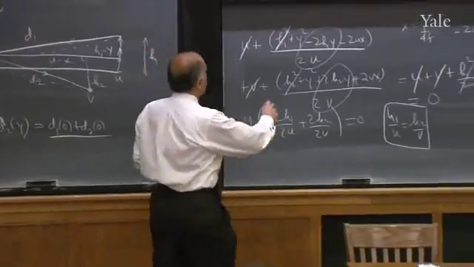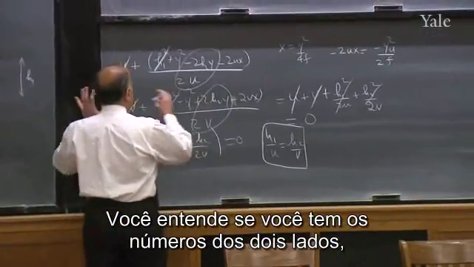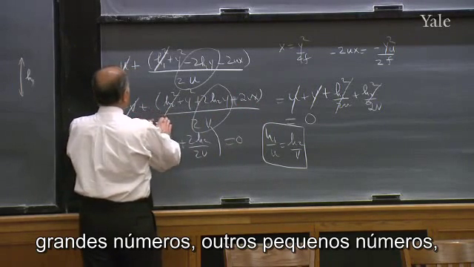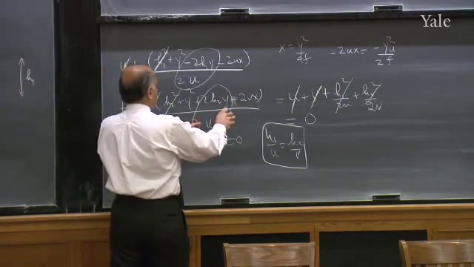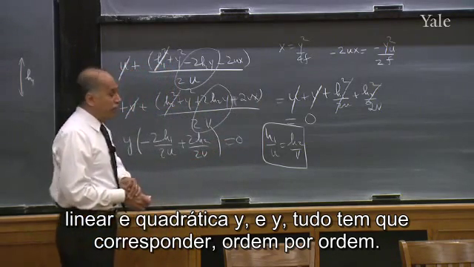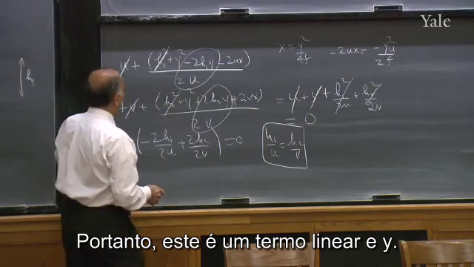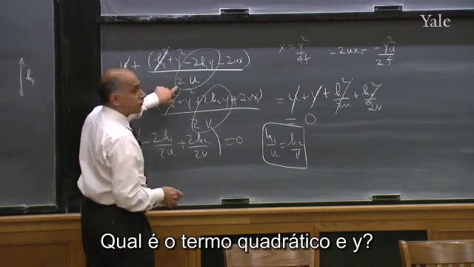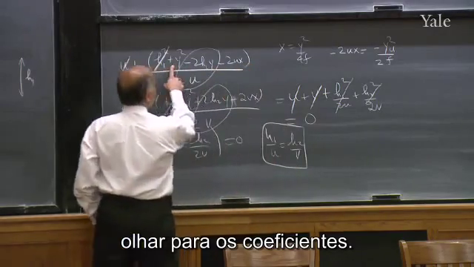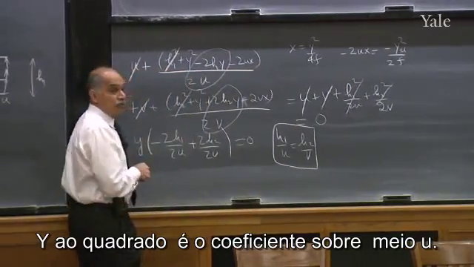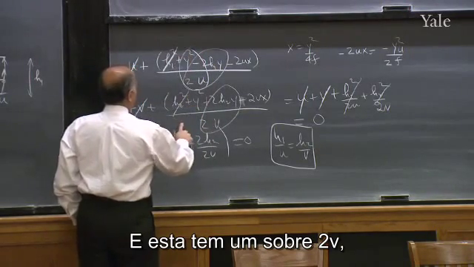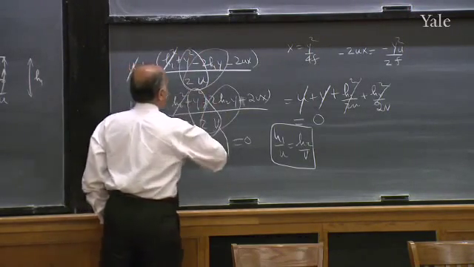You understand? So you understand if you got numbers on the two sides, big numbers, square of small numbers, then linear in y, quadratic in y, everything has to match order by order. So this is a linear in y term. What is a quadratic in y term? Quadratic in y, look at the coefficients. Y squared has coefficient 1 over 2u. You see that? And this one has got 1 over 2v, coefficient of y squared.